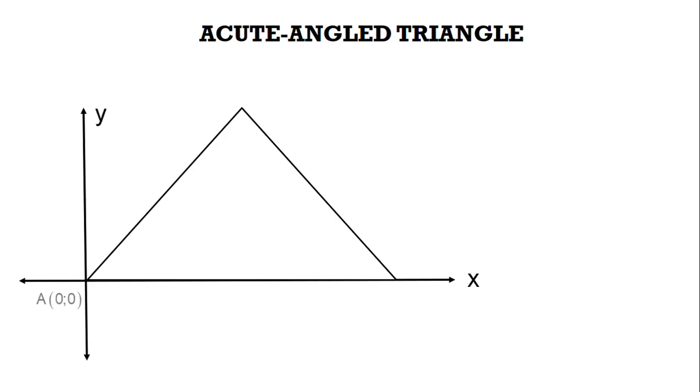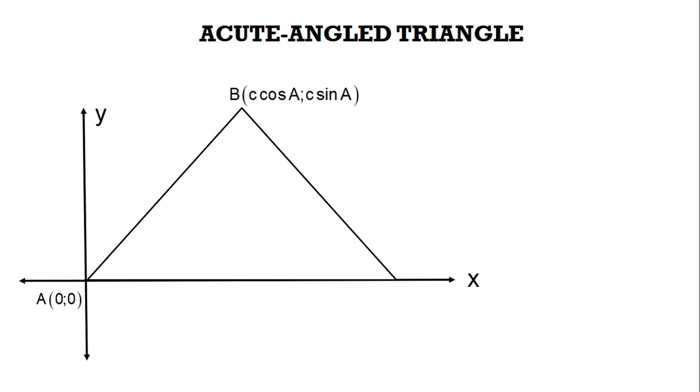Now, what is key is that when you are given this, you need to label your points or your vertices of your triangle. So A is at the origin, so it will have coordinates 0 and 0. So your x is 0 and your y is also 0.